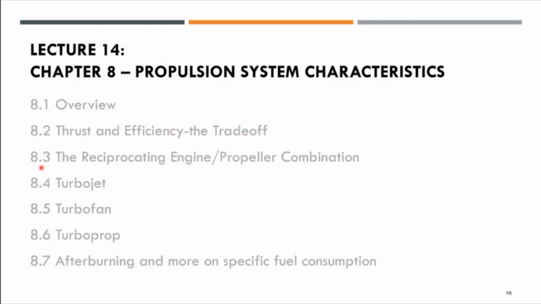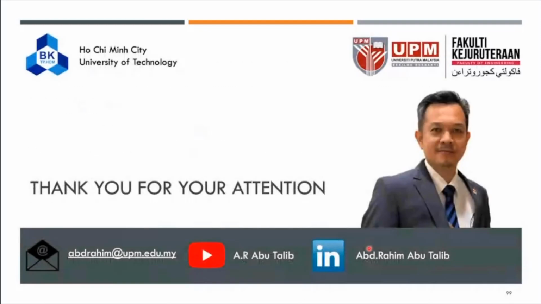We shall continue next Monday and look at the last topic of chapter 8: turbojet, turbofan and turboprop, how these kinds of engines can be affected in terms of propulsion system characteristics, and finally look into afterburning and specific fuel consumption. That will be done next Monday in our lecture number 15.